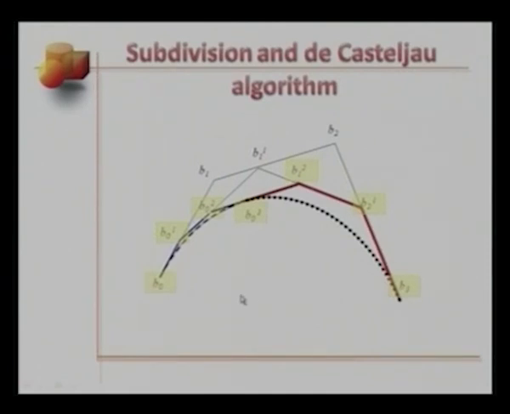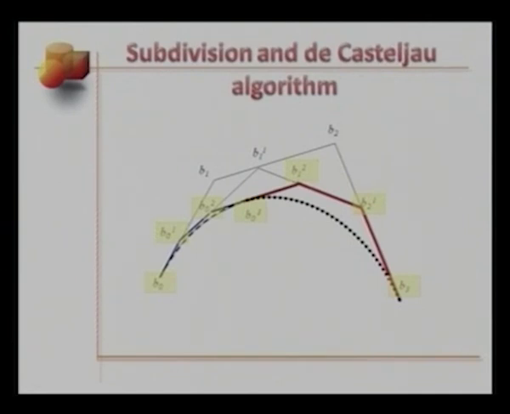Now, if I move P1, which is identified by B sub 0 super 1, to let's say a different location here, which segment of the Bezier curve, the original Bezier curve, will change? Would it be this segment, or would it be this segment, or would it be both segments? Think about it for a little while.